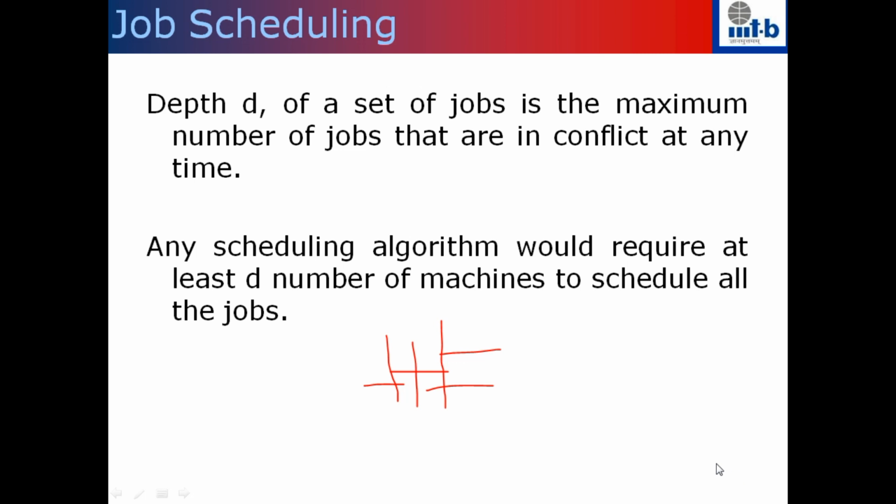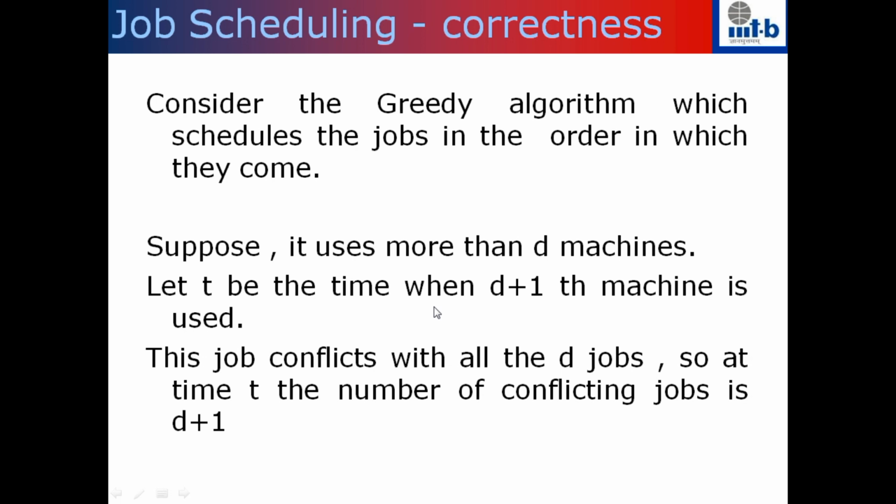So we will show that the greedy algorithm, which considers the jobs in the order in which they come, sorted based on the starting time, requires only d machines. For contradiction, let's assume that the greedy algorithm uses more than d machines.